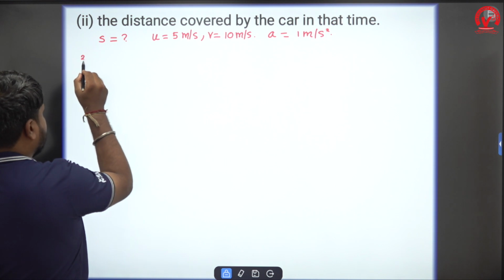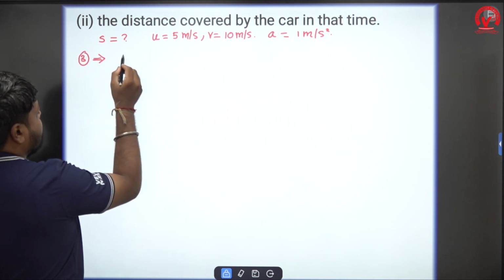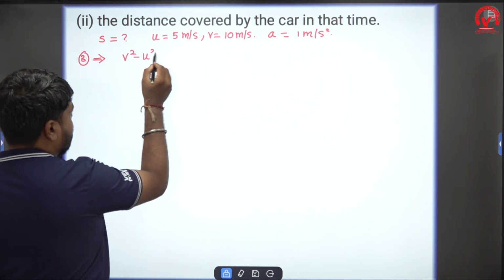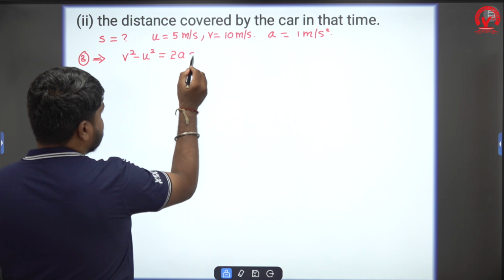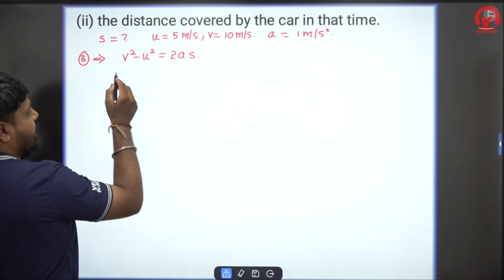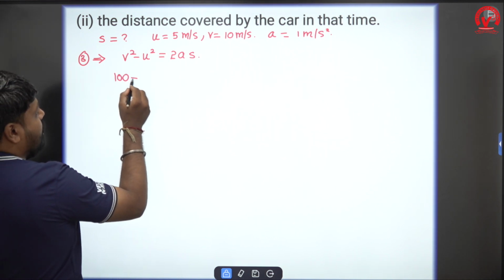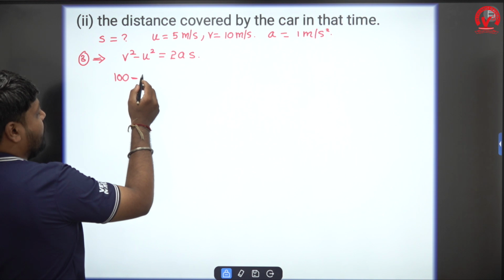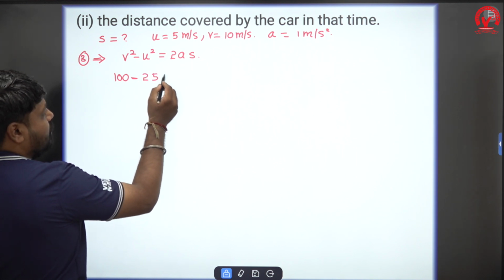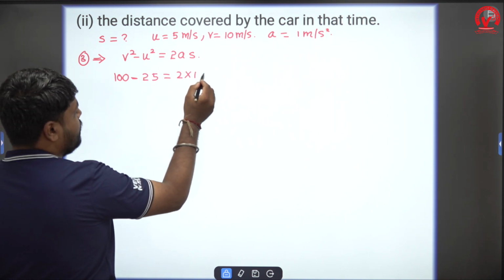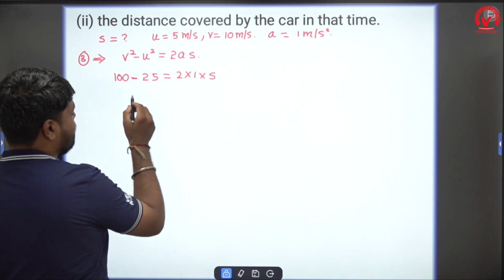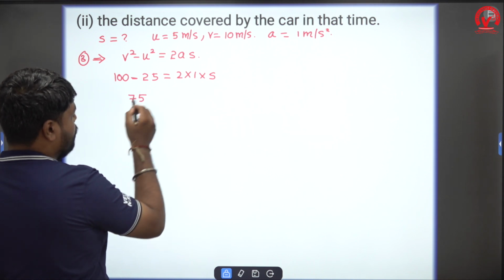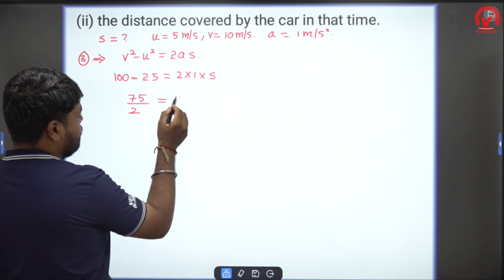So we can directly use the third equation. The third equation is v squared minus u squared is equal to 2as. So v is how much? 10. So 10 squared is 100, minus u squared. u squared is how much? 5 squared is 25, is equal to 2 into 1 into s. So 75 divided by 2 is equal to s.